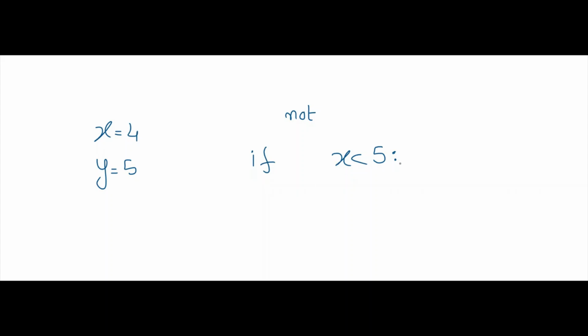So this condition is true, but if I put a not in front of it, then this condition is false, but not reverses it, so it becomes true. So the overall result, the if statement, we'll see is the true statement.